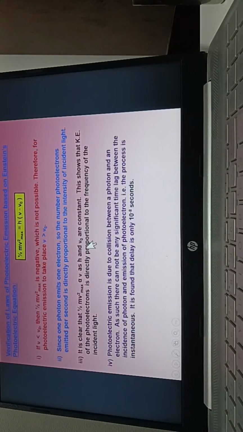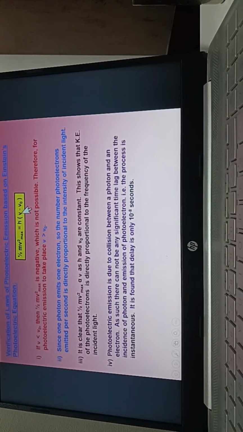So you understood now how to operate. Next, verification. Last point is verification. It is very simple. This is the maximum kinetic energy, where h is taken common, that is nu minus nu 0. That means if nu is greater than nu 0, then the electrons will liberate.